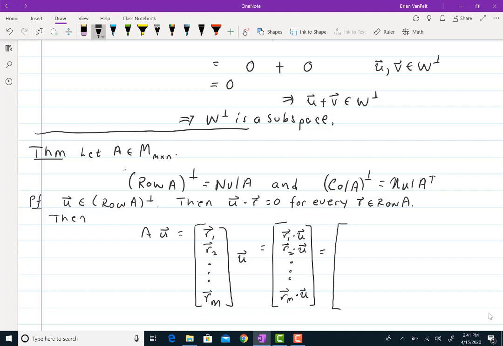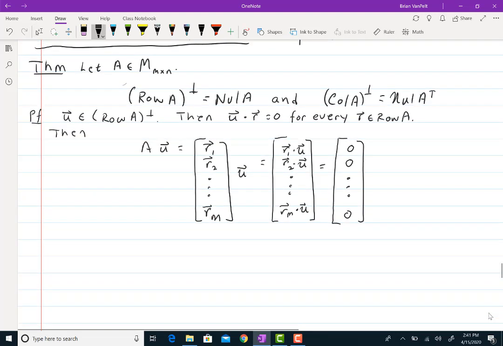So we get 0, 0, all the way down, and, well, that's the 0 vector. So we have A times this U equals the 0 vector. This implies that U is in null of A.